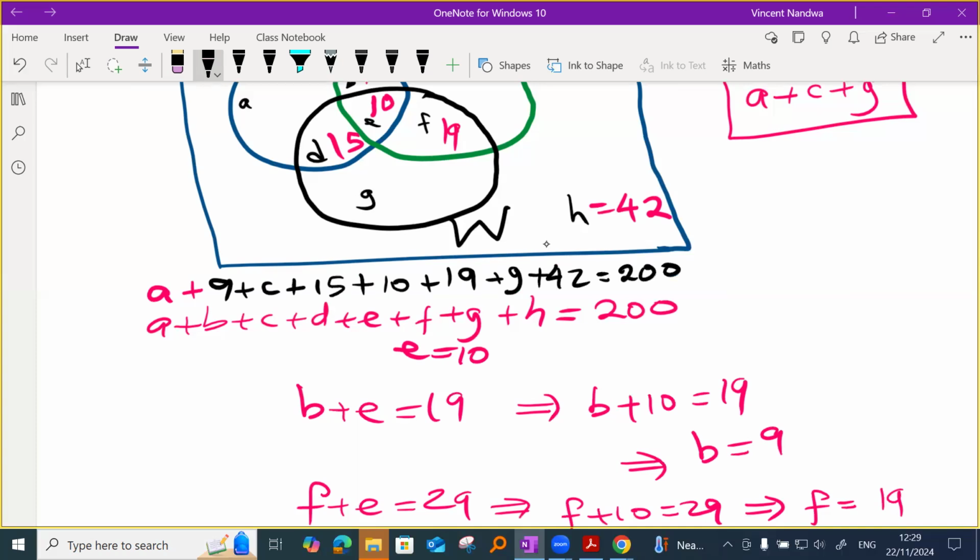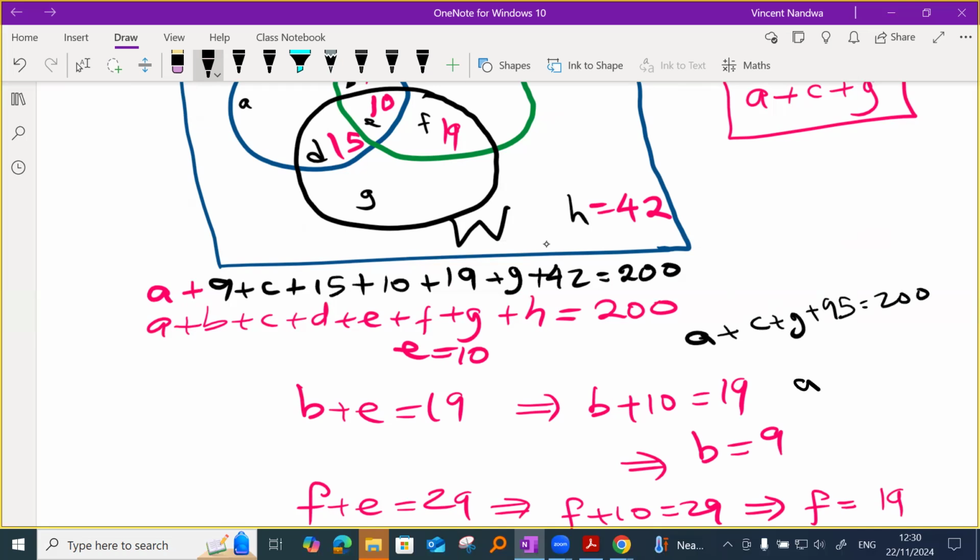What is 9 plus 15 plus 10 plus 19 plus 42? 95. So A plus C plus G plus 95 equals 200.